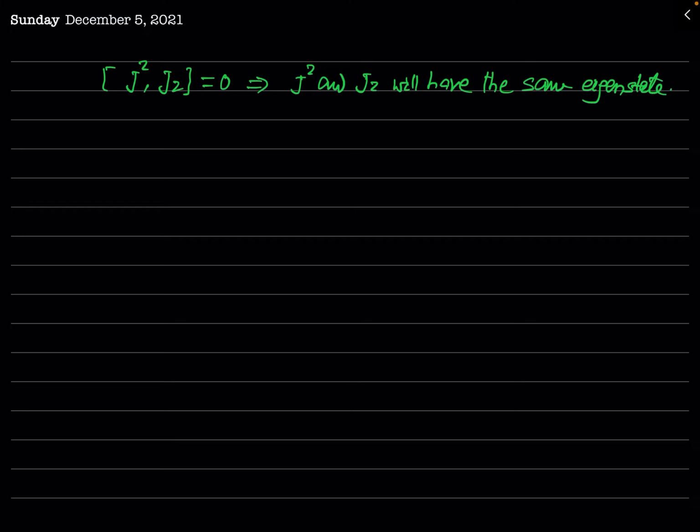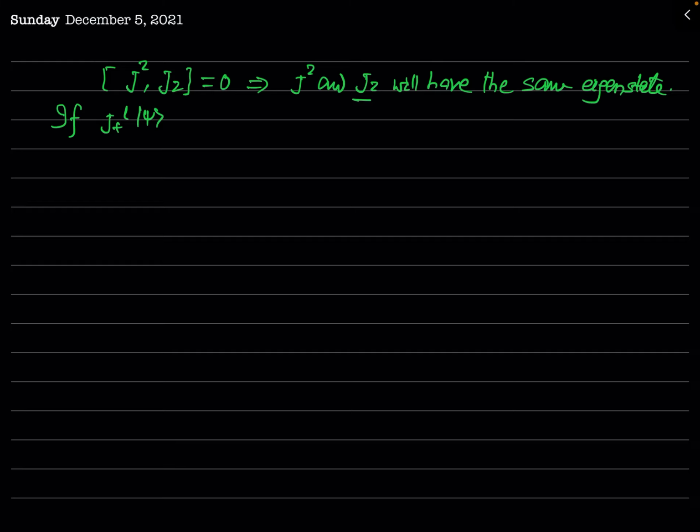So if you consider that the function j plus L, where L is an integer, k psi, this is an eigenstate of the operator jz, then this will be also the eigenstate of the operator j square.